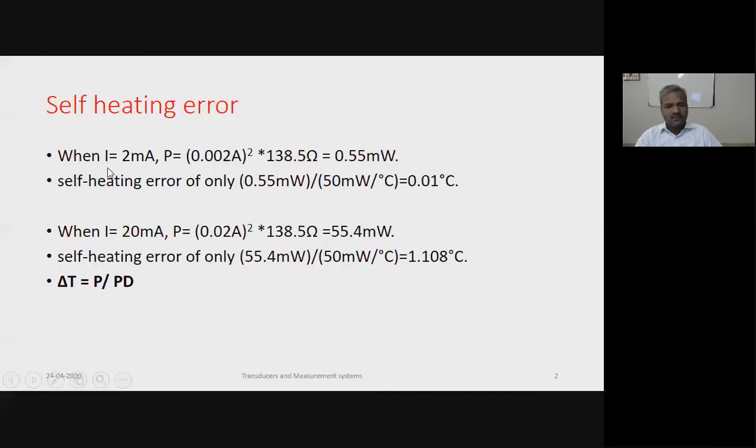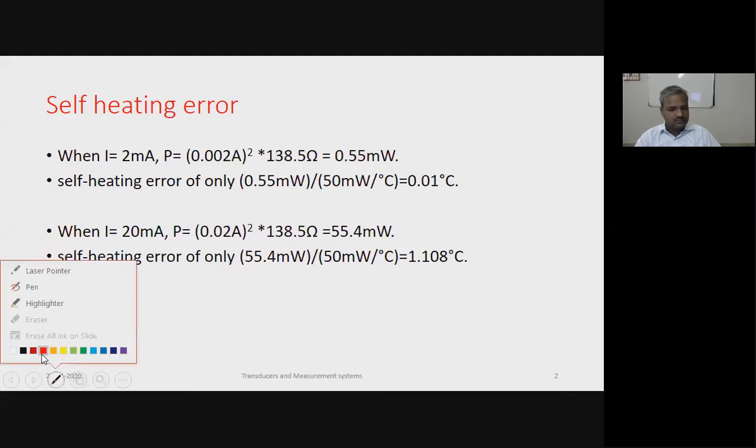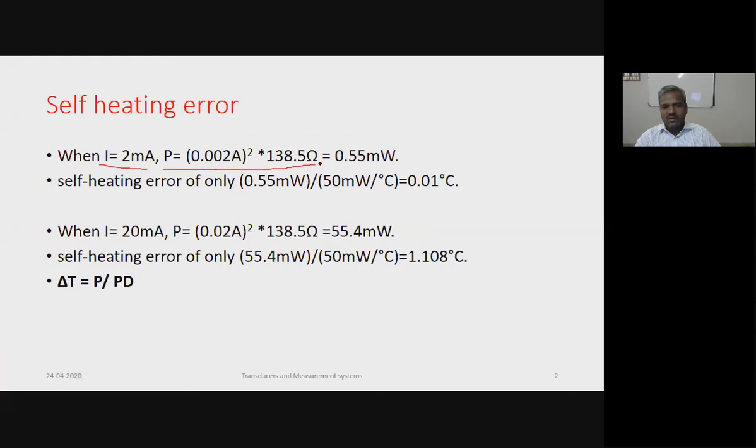Say the current through the RTD is 2 milliampere. For the power dissipation I square R, we consider the temperature coefficient of resistance as 0.00385 ohms per degree Celsius.